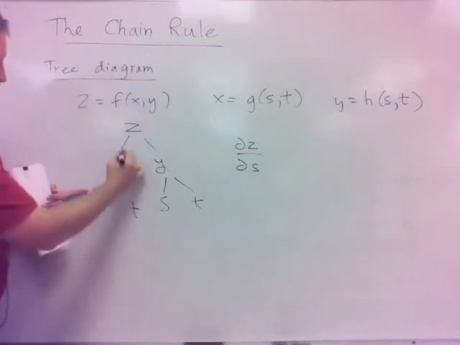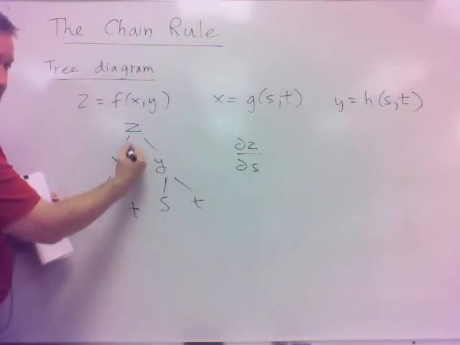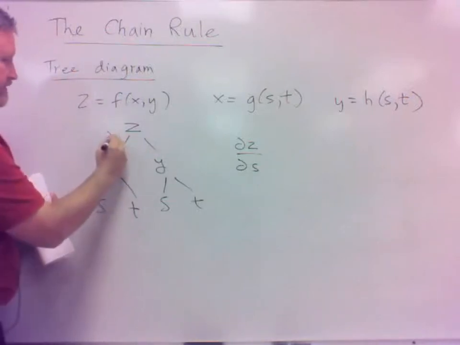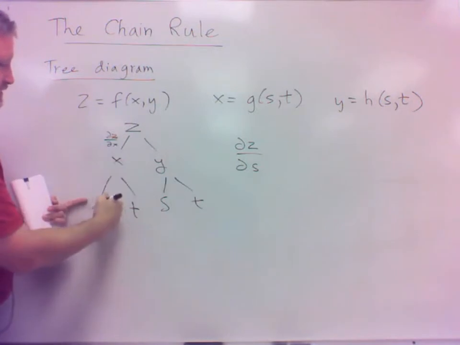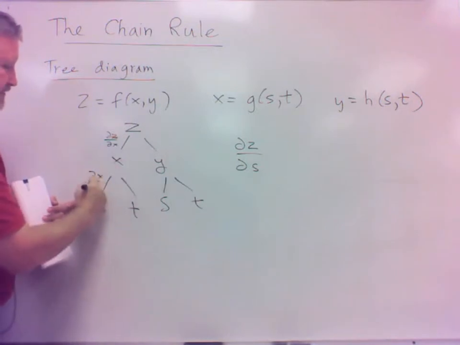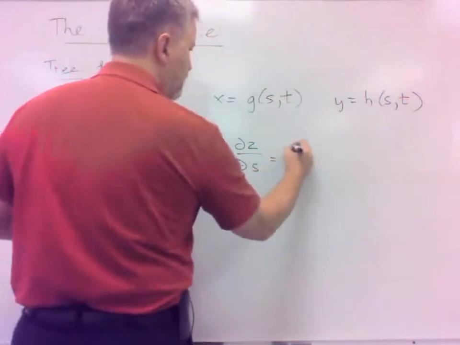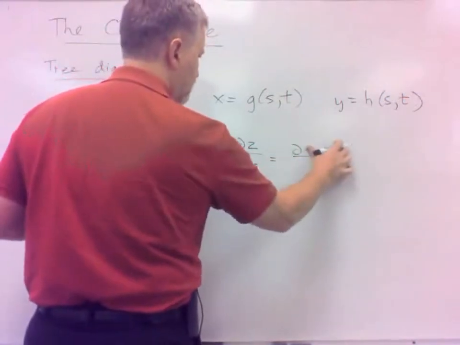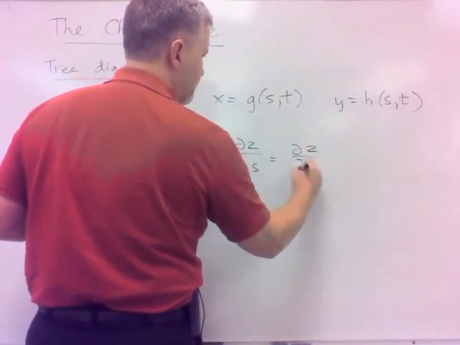And so, yeah, if I do the partial of z with respect to s, well, I've got this path, which is partial of z with respect to x, and then this is the partial of x with respect to s. Let's do it in the order that we did it before.